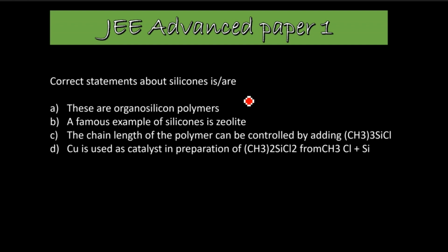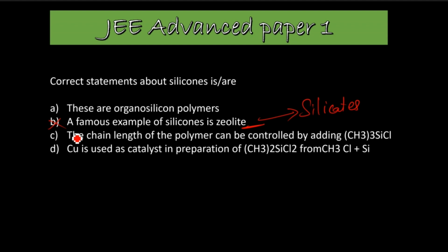Copper is used as a catalyst in the preparation of (CH3)2SiCl2 from CH3Cl plus Si. So by comparing these options, you can see zeolite is a crystalline aluminosilicate, right? Not an organosilicon polymer. It is a silicate. They are used as catalysts, and it is not related to silicones at all. So obviously we can omit this option.